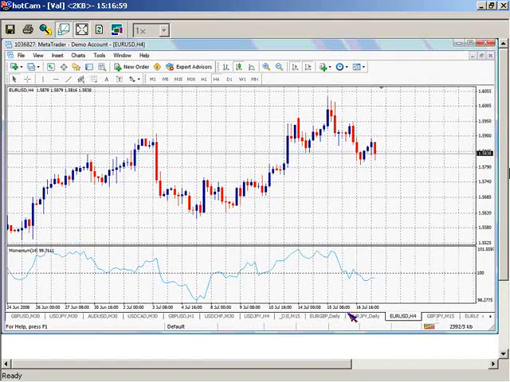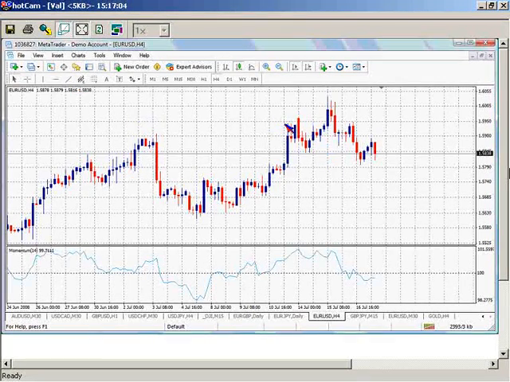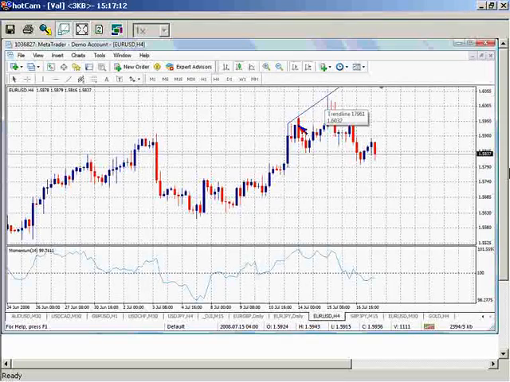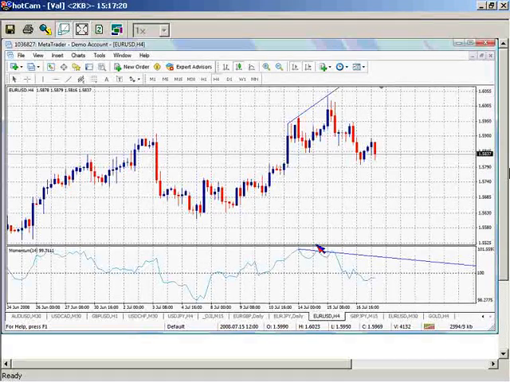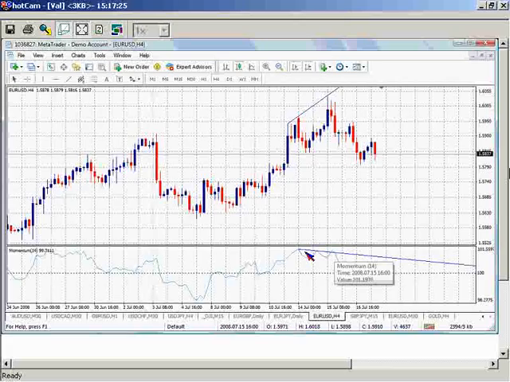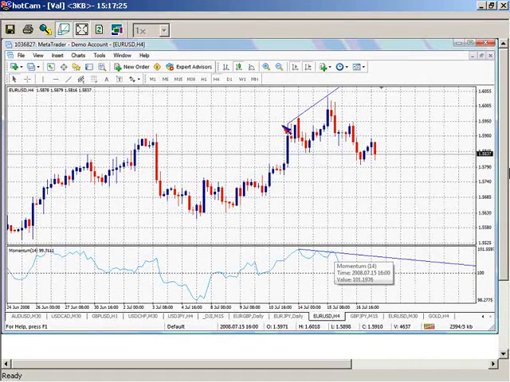Let's see if we find a clearer divergence. The idea of divergences is that while price, it's not maybe the clearest example, but see from here, we have the price continuing going up, okay, new maximums in candles, and the indicator going down, meaning the peaks are smaller than the one from the beginning.